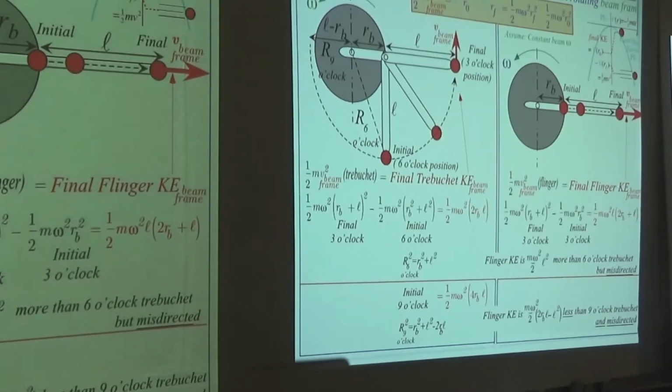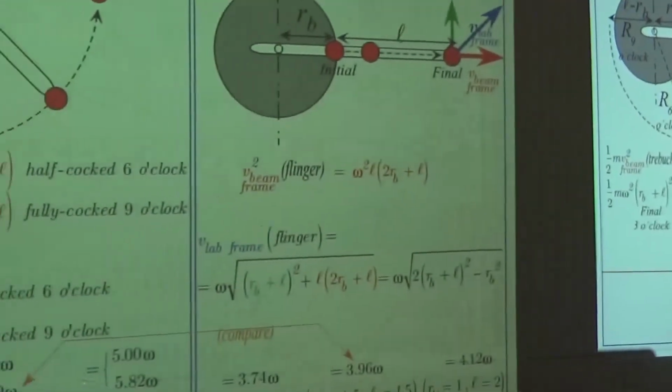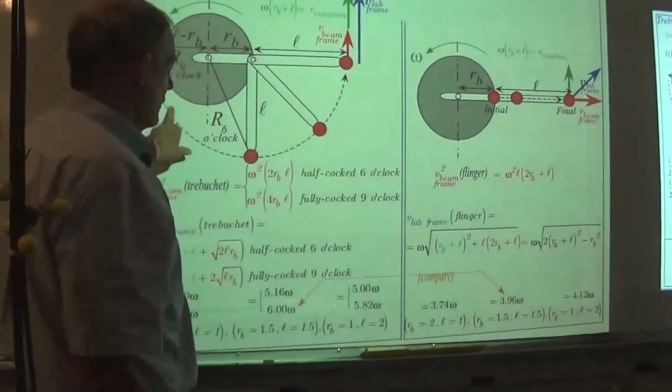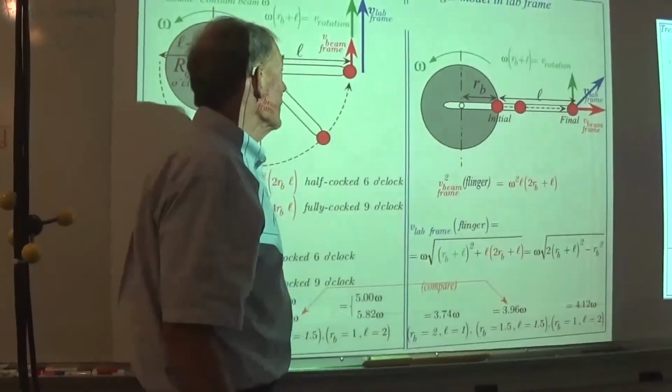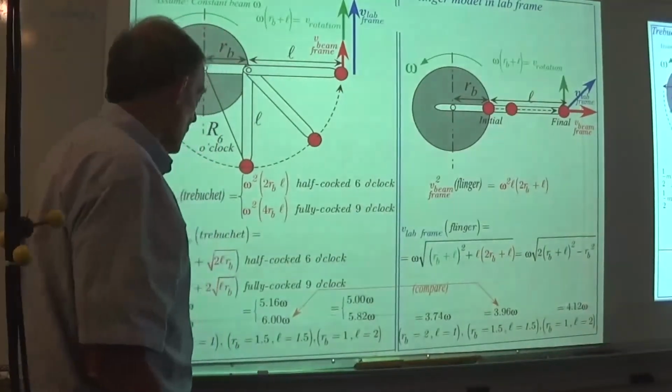Going ahead and working those out gives you a couple of formulas for the final velocity. When you're half-cocked like this one at 6 o'clock, or fully, and that means you would be just a little off of 9 o'clock, so the centrifugal force could act and swing this lever around.